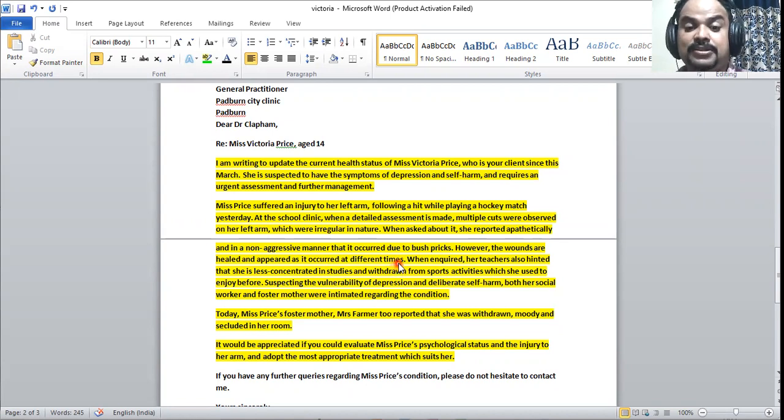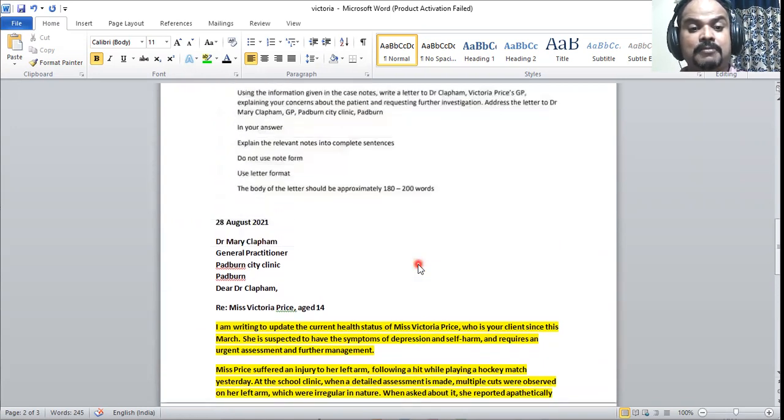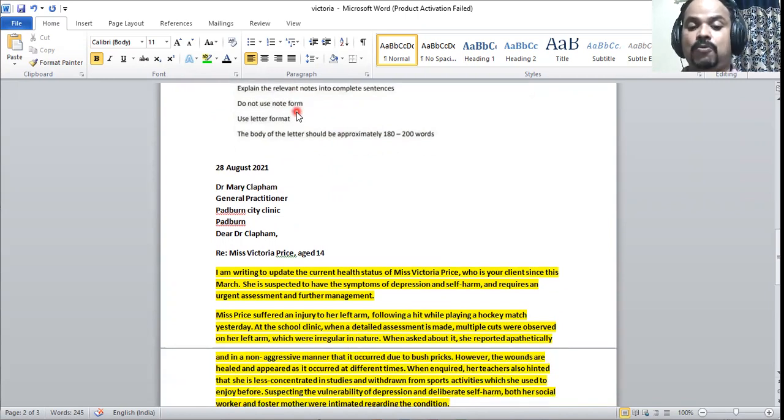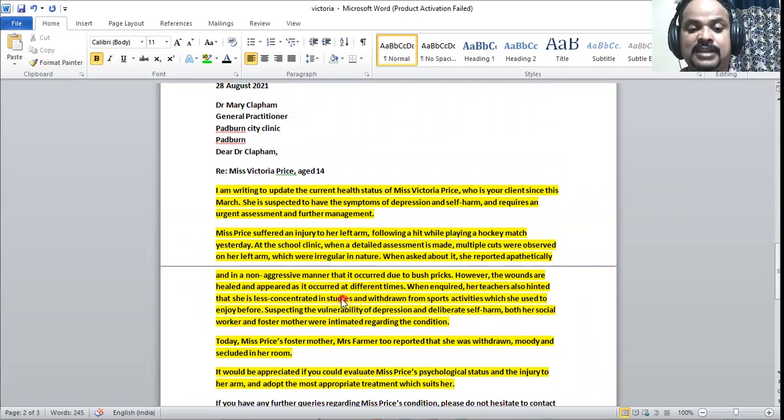Okay, so the nature of the wound is presented. Now, as per my requirement, explaining your concern. What's your concern? So that is explained right now. One, this is self-harm. When inquired, her teachers also hinted that she's less concentrated in studies and withdrawn from sports activities, which she used to enjoy before.